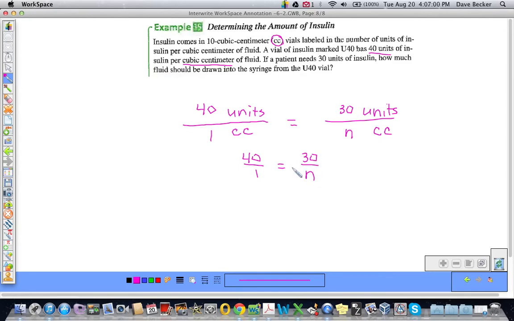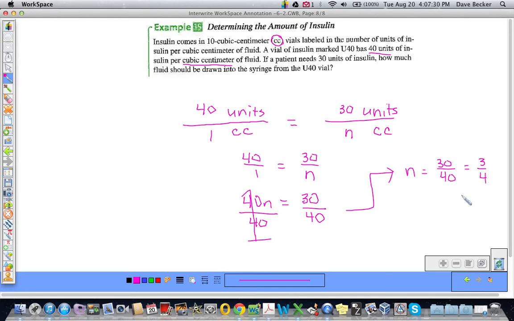And I'm going to cross multiply. 40 times N is 40N. And 1 times 30 is 30. I'm going to divide both sides by 40. Okay, the 40s cancel, leaving me with N is equal to 30 over 40, which is equal to 3/4.